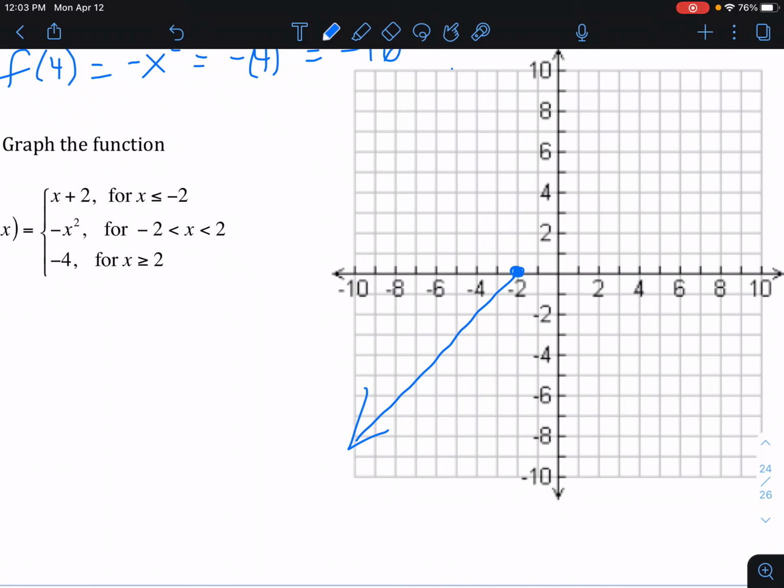All right, next up, negative x squared. It's a quadratic, so it's going to be a parabola opening down because you have the negative here. We're just going to do a rough sketch here.